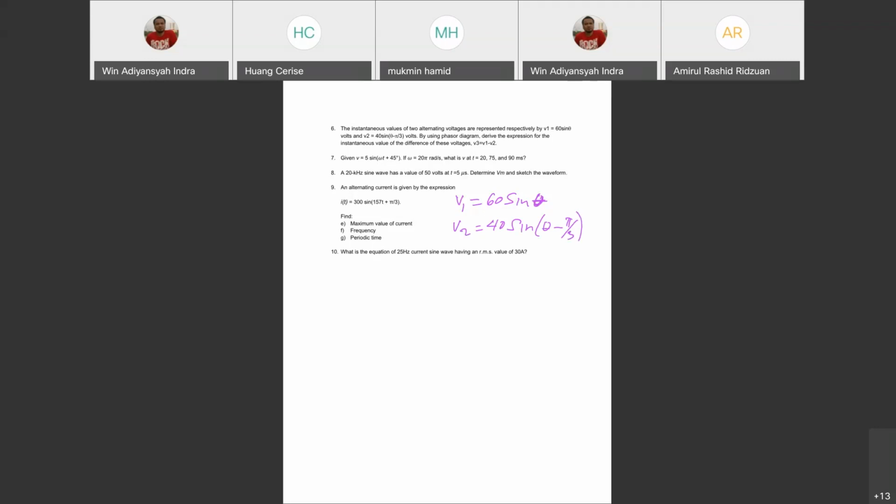We have to find V1 minus V2. Now let me use another V1, for example, this is V1, 60. The degree is 0. Let's do V2. V2 is 40.